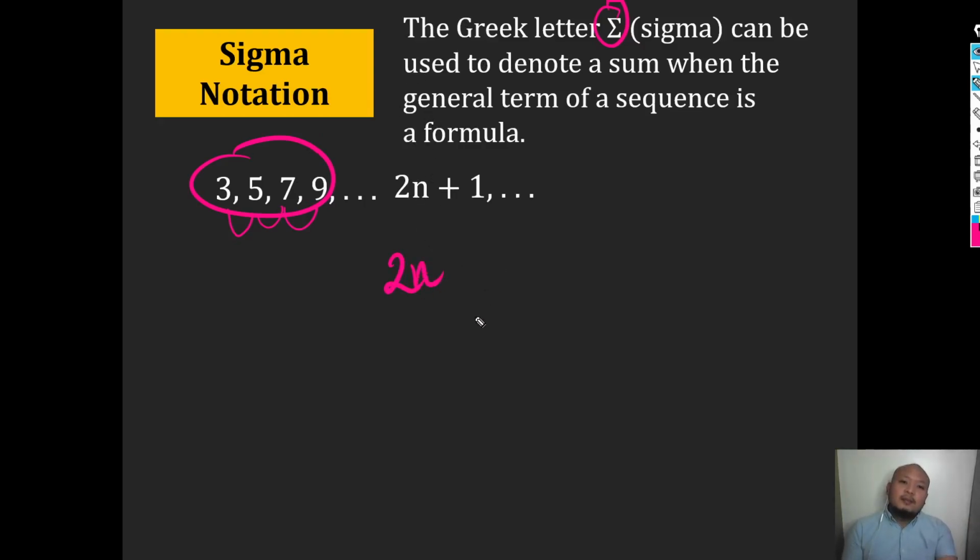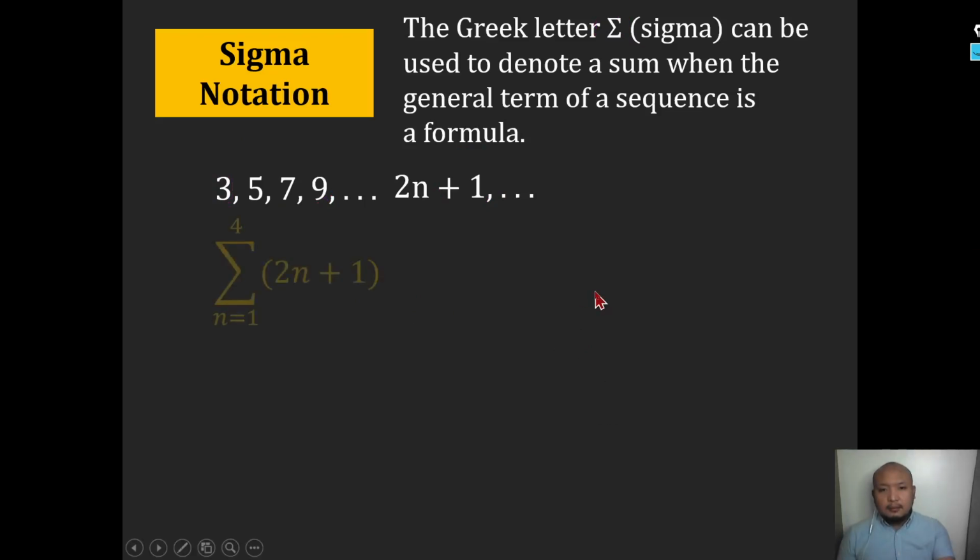So n will still be my independent variable. But to obtain the actual values here, kailangan mo pa nung b value, di ba? Yung y-intercept, which in this case is plus 1. So pa plus 1 ka. Right? So it's 2n plus 1, your general formula for that particular sequence.